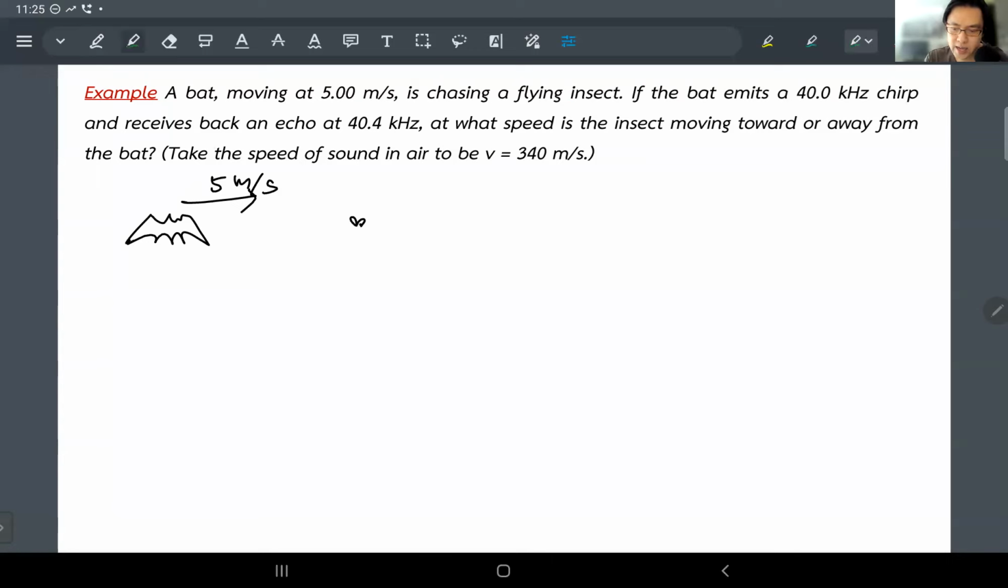Of course, bats don't have eyes, so they use ultrasound to detect the echo from the objects around them. So what it does is send out the 40 kilohertz chirps and receive back an echo at a different frequency.